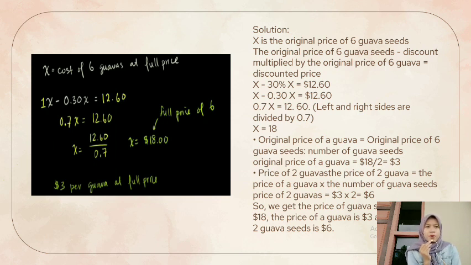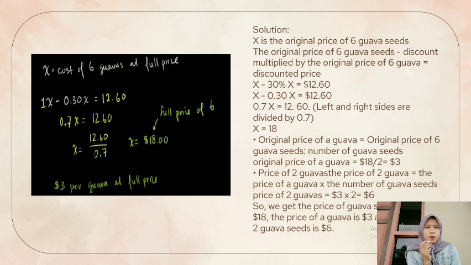Original price of a guava equals the original price of 6 guavas divided by the number of guavas. Original price of a guava equals $18 divided by 6 equals $3. And the price of 2 guavas equals the price of a guava times the number of guavas.